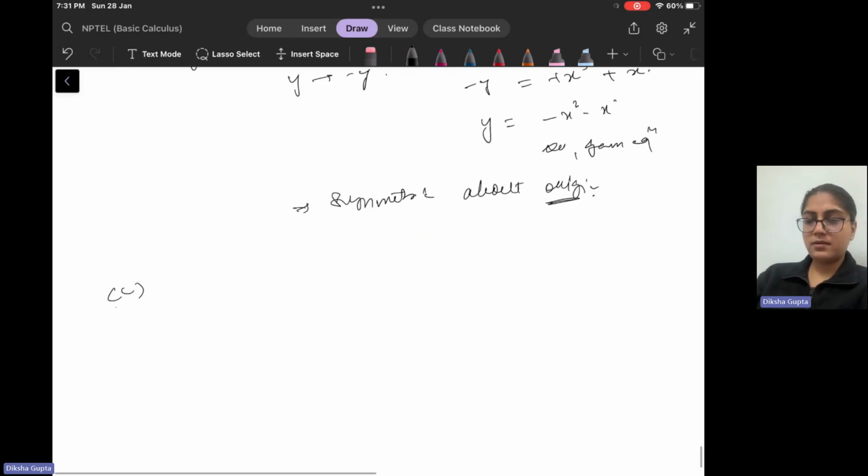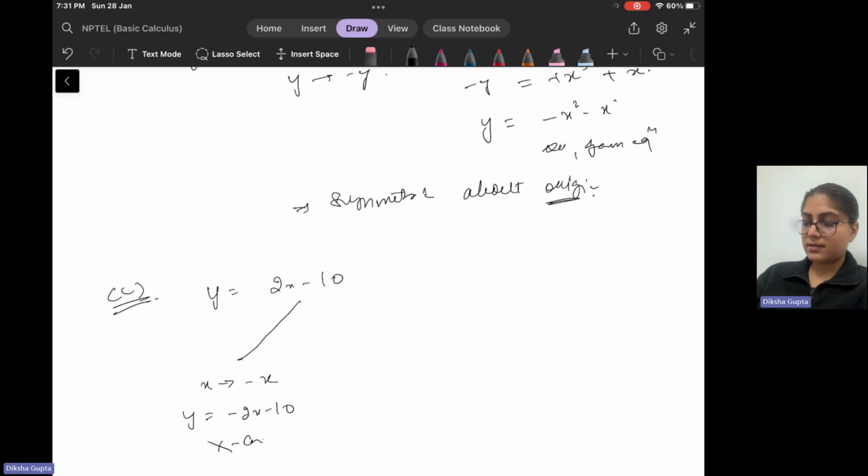Okay, y equals 2x minus 10. So x replaced by minus x, y equals minus 2x minus 10. The y-axis is not symmetric.